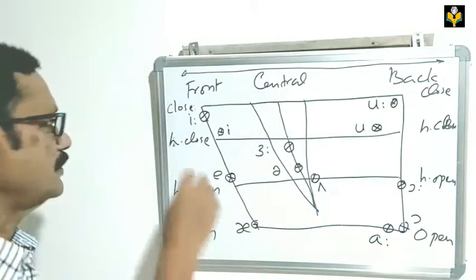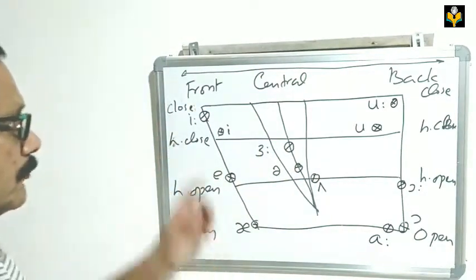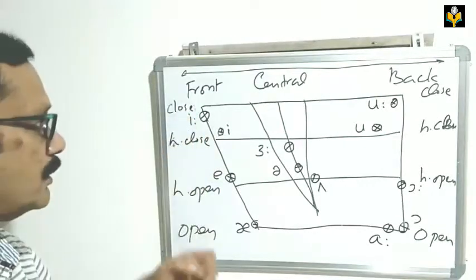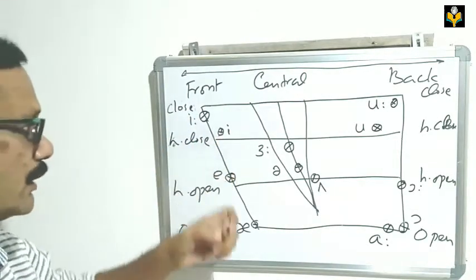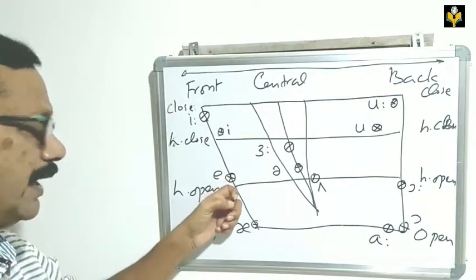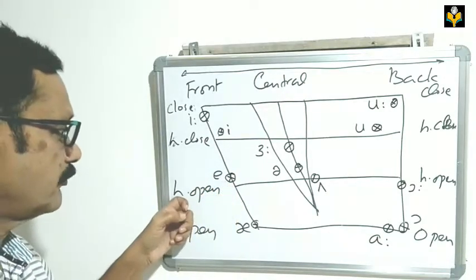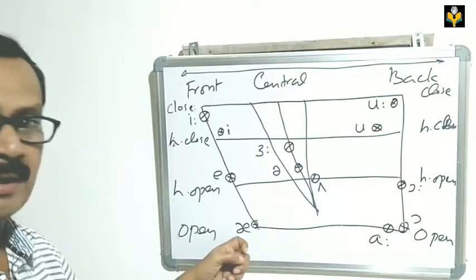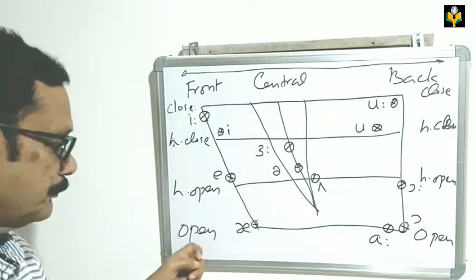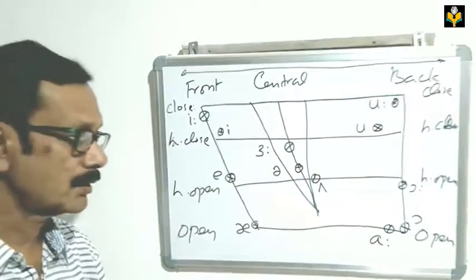So we can call this E, front, close, unrounded. This E is front, half close, unrounded. This is A, that is front, half open, unrounded. Here A, vowel in man, that is front, open, unrounded.